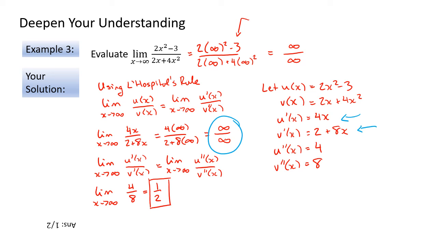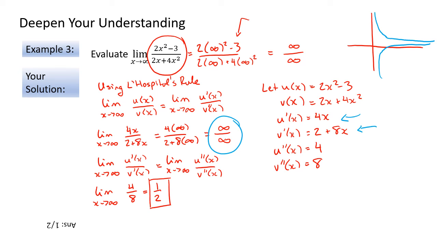So as x approaches infinity, this function, 2x squared minus 3 divided by 2x plus 4x squared, will simply go towards 1/2. Okay? A lot of times how you'll see those graphs is when x is approaching infinity, you'll have something like this, or maybe you'll have something like this.